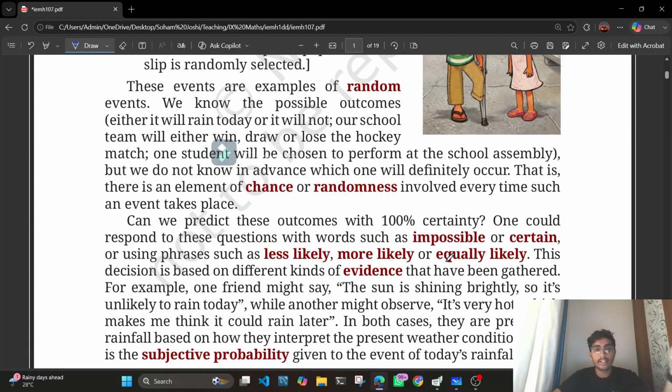Now, if you are playing cricket and you are going to bat, it may happen that you score 1 run, you score 2 runs, the bowler may throw a wide, you may hit a four, you may hit a six, or you may get out. So every event is associated with some chance or randomness.